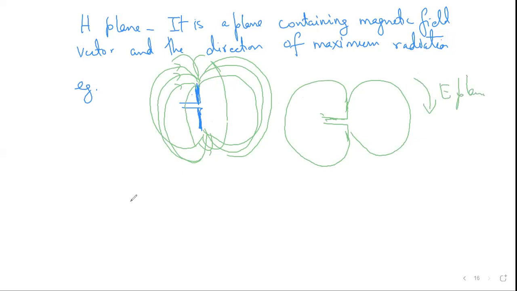And then if you have the dipole placed again like this, this is the H plane. Understanding? H plane pattern. Are you understanding what I'm saying? Then draw it properly.